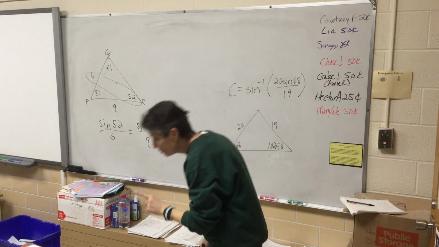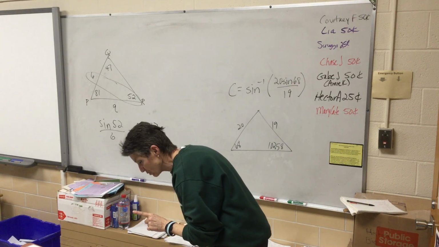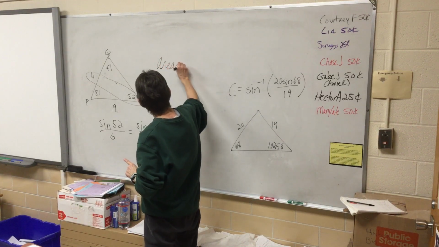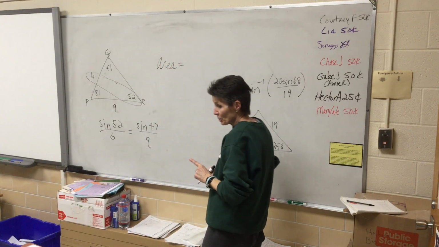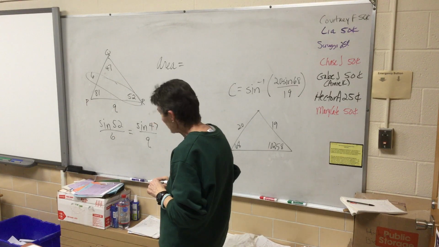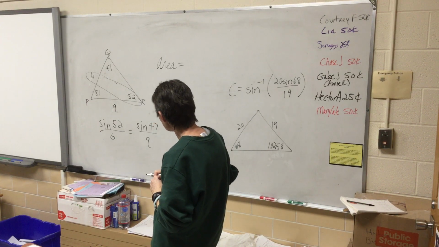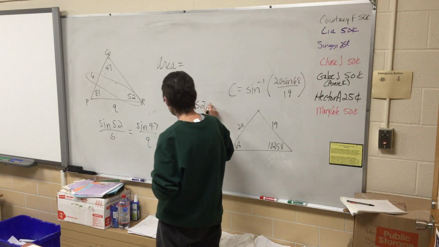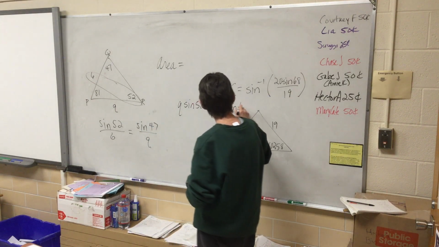Now, Q, though, is not the answer to the question. Remember, we're finding area. Q is going to help me find the area, but it itself won't be the answer. All right, here we go. Q sine 52 equals 6 sine 47.